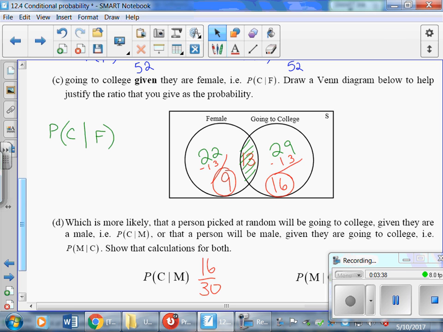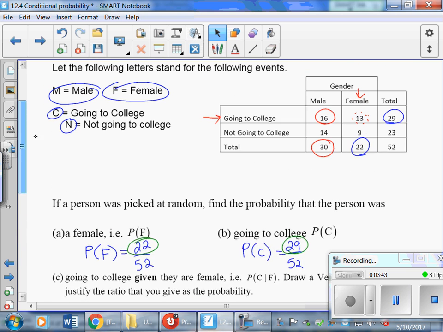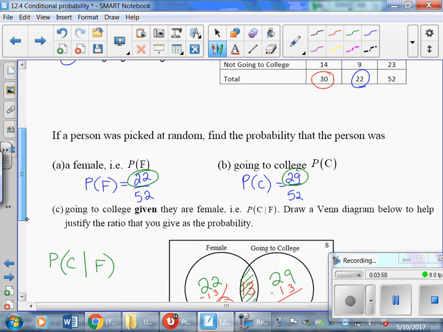Now we're going to look at the probability of male given college. Let's go up here. We're going to look and see the same thing, the probability of male and going to college. Male is going to be 16 out of 29. It goes a little bit differently, using a different direction.